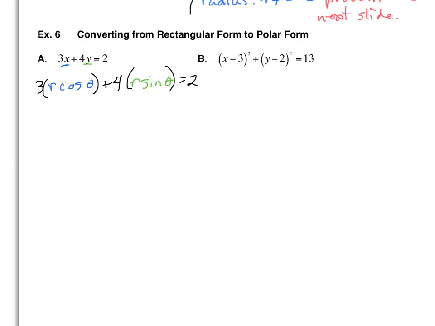So then we're going to rewrite it so that it's written all together. So I've got 3r cosine of theta plus 4r sine of theta equals 2.